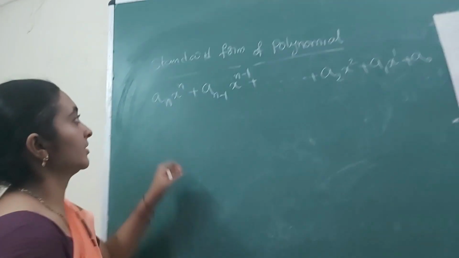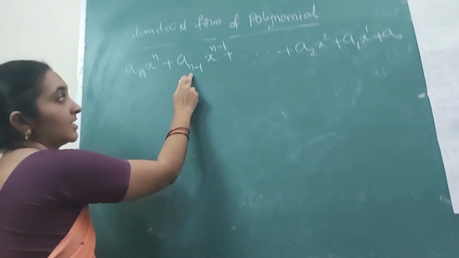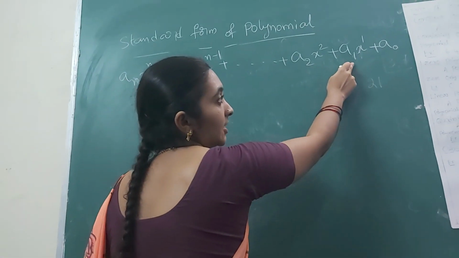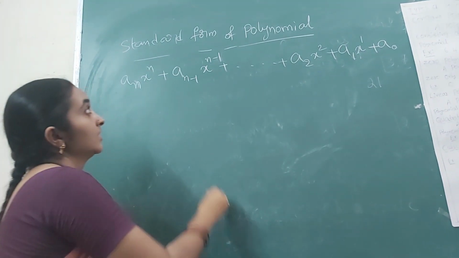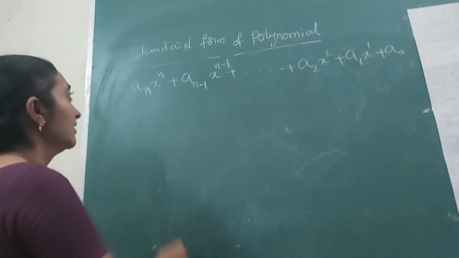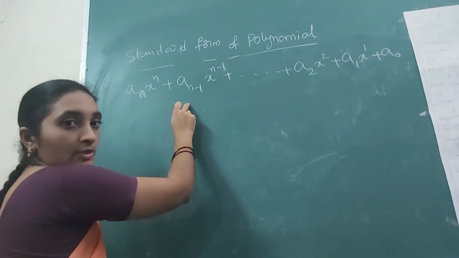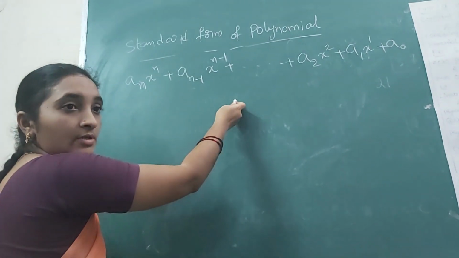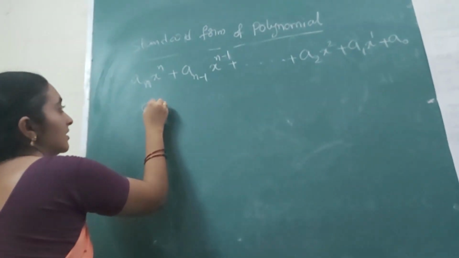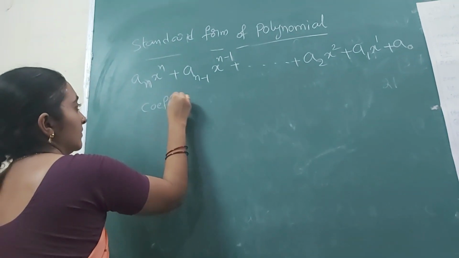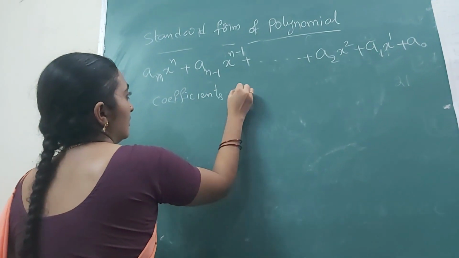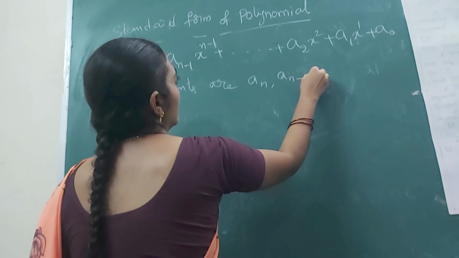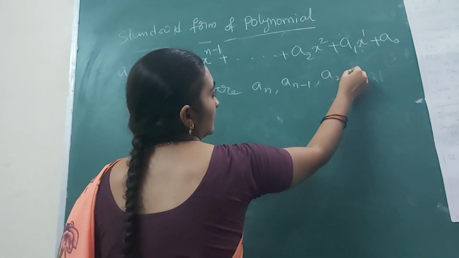The standard form of a polynomial is a_n x power n plus a_(n-1) x power n minus 1, and so on, plus a2 x square plus a1 x power 1 plus a0. In this polynomial, tell me students, the coefficients are a_n, a_(n-1), a2, up to a1.